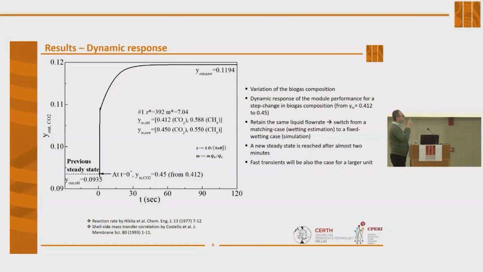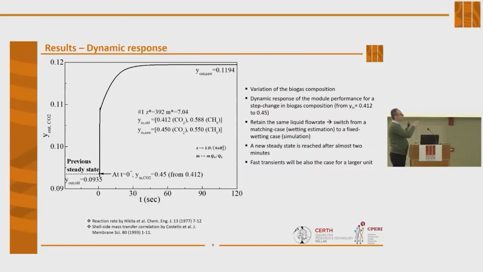And we impose a step change. Suddenly, this inlet composition changes. The new molar fraction of carbon dioxide at the exit is 0.1194, more than the previous exit composition of carbon dioxide.